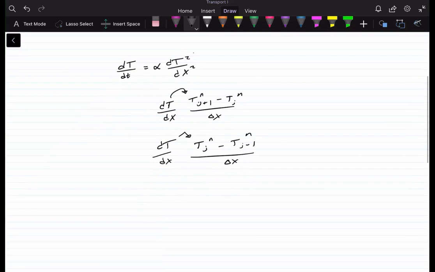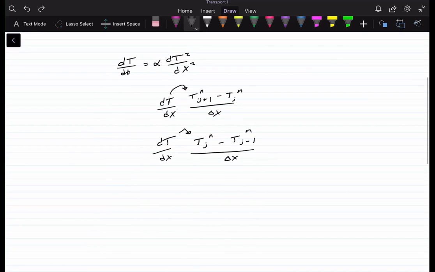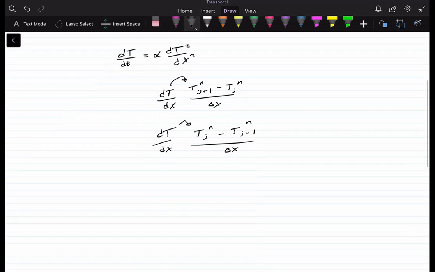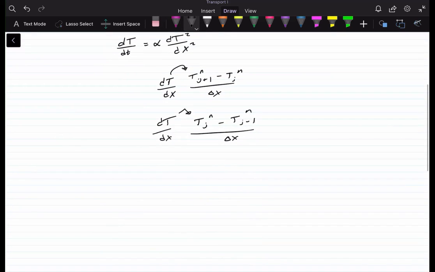Now what we can do to get this term here for this energy balance is, both of these are finite differences. These are both approximations of the derivative with respect to position. So we can take these finite differences and take a finite difference of both of them.